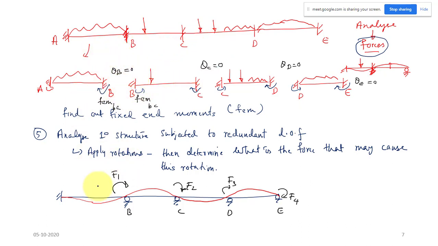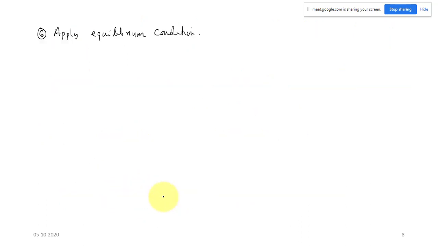In this fifth step I got some extra moment value, and this moment caused this rotation at this support B. So finally, equilibrium condition means at every joint in the structure the total moment should be 0. That is your equilibrium condition in this case.